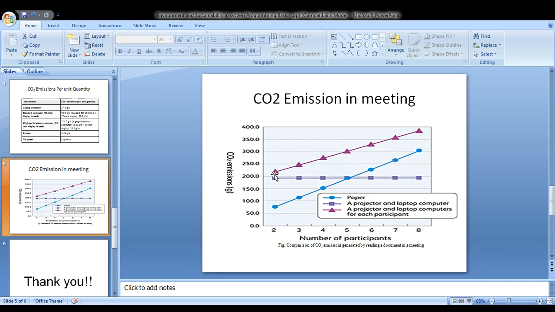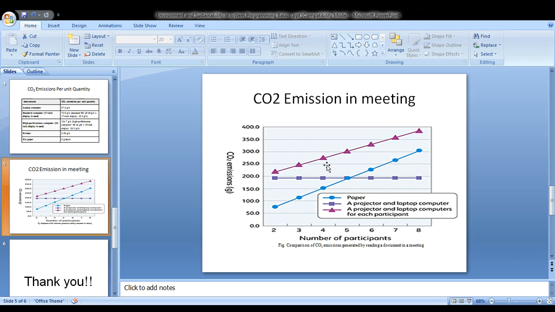That time it starts from 200 CO2 emissions, and again increases linearly. But when we observe these three types, the third type, a projector and laptop computers for each participant, has more CO2 emissions.